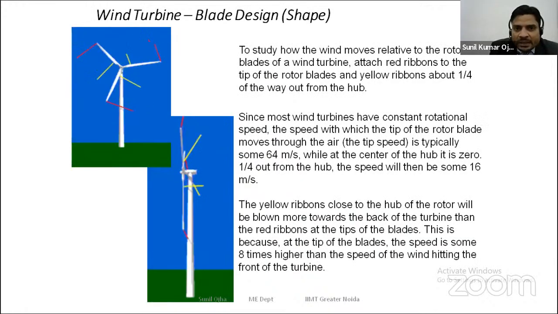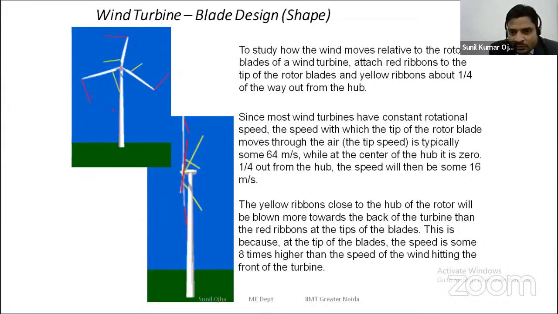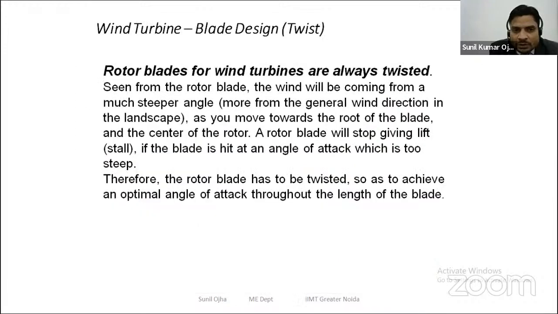So, wind turbine design shape. As we know, the aerodynamic shape is suitable, and we can see the aerodynamic shape of the wind turbine blades. There is a blade twist. Rotor blades of wind turbines are always twisted.